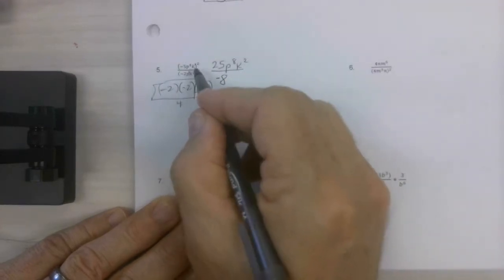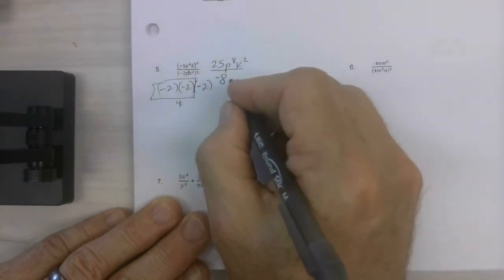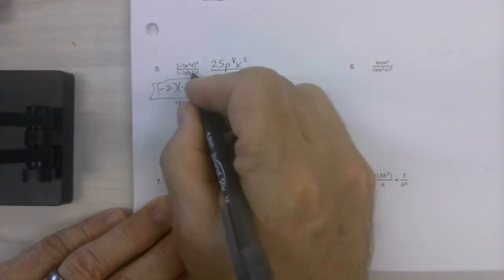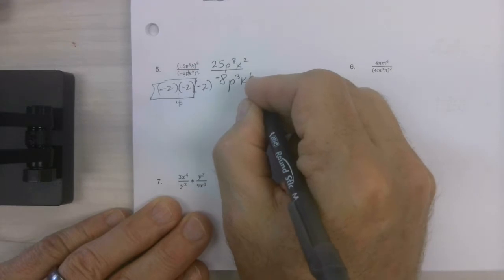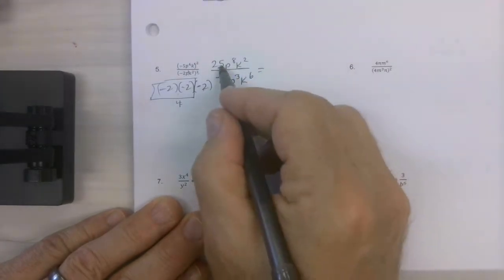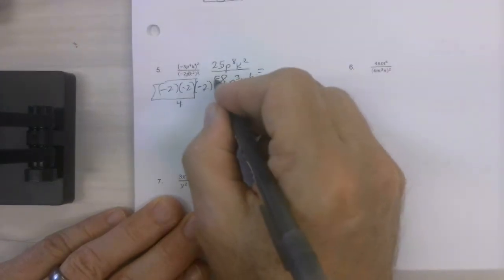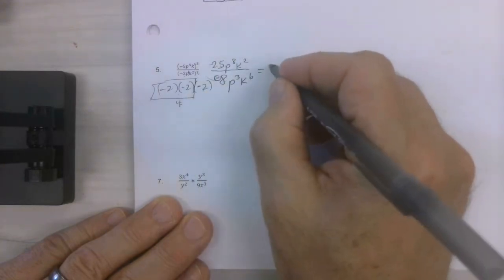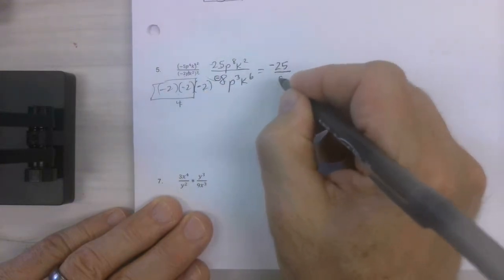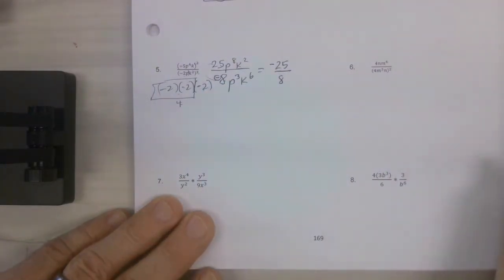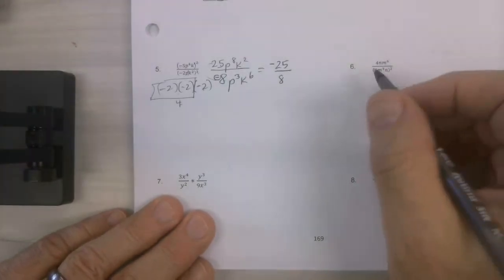And then there's a 1 there, so 1 times 3 is 3, so p cubed. And then k to the 6th. And now we look at 25 and 8. Good habit to keep the negative upstairs. Doesn't have to be, but that's how most answers will look.